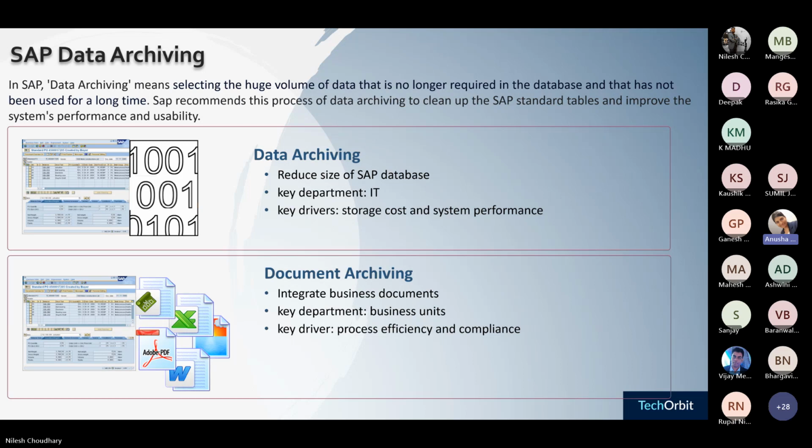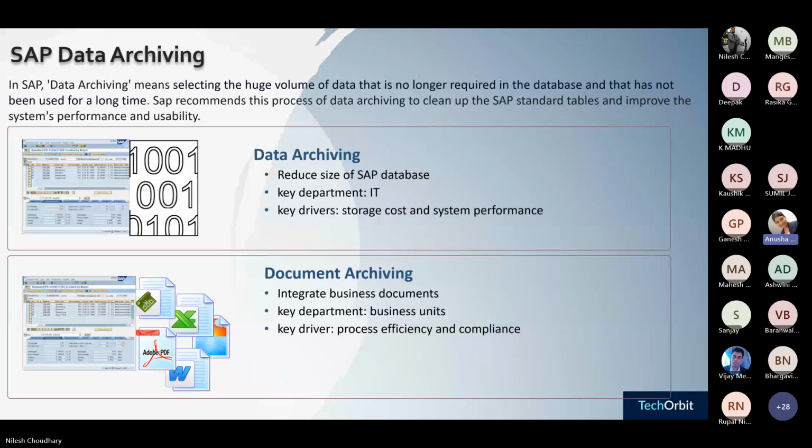SAP has come up with a solution for dealing with both things, on the data perspective as well as the document perspective. SAP has given these two processes: one is data archiving and the other is document archiving. Data archiving is a process of removing complete business data from your database tables. The outcome of this process is a significant drop in database size in your SAP system.